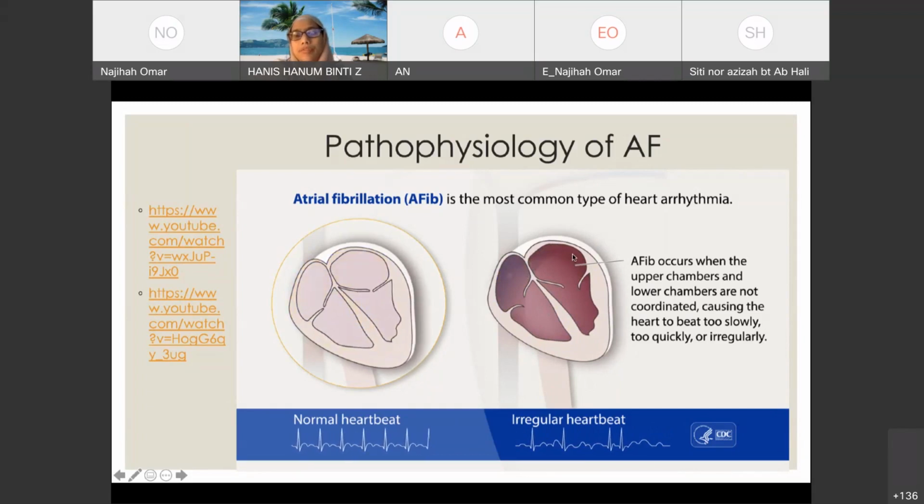There is a lot of electrical firing at the upper chamber, at the atria, causing a destructive pattern of the electrical conduction. So when there is firing here, firing here, the ventricles cannot respond properly, and this causes your heart to beat either too slowly, too quickly, or irregularly. Okay.